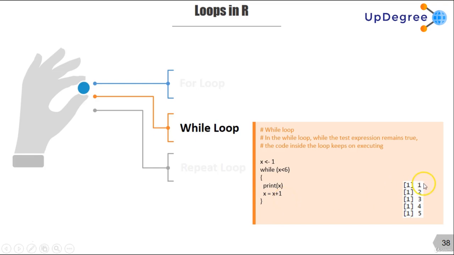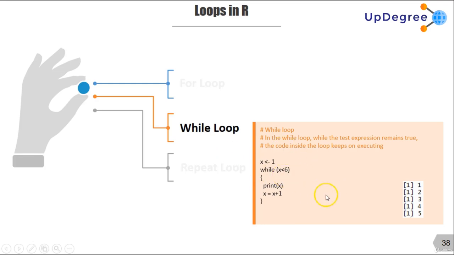So it would print 1, then x becomes 2, checks again, prints 2, then increases to 3, and goes on until it's 5, and then before exiting it would increase that to 6, so it won't enter the while loop.